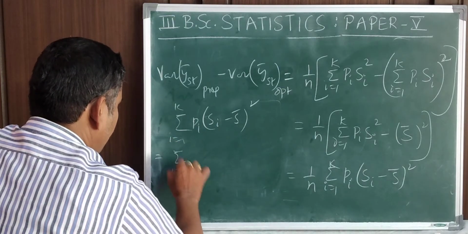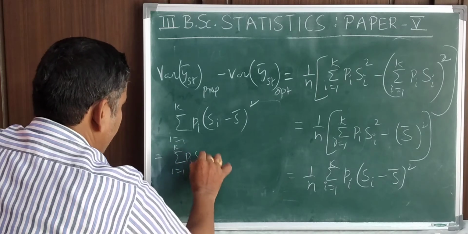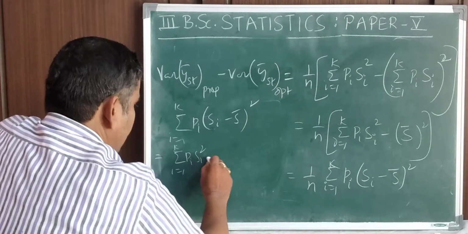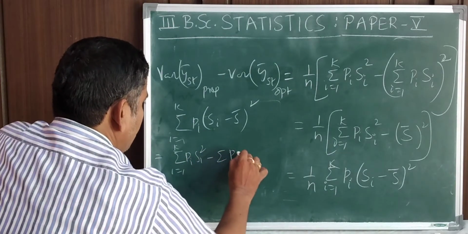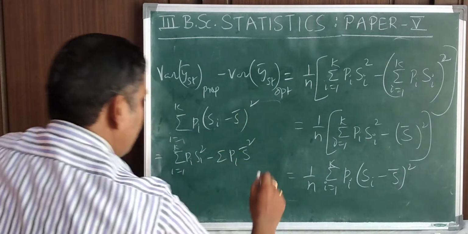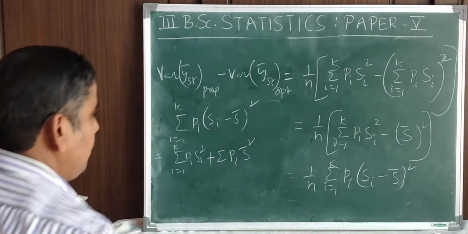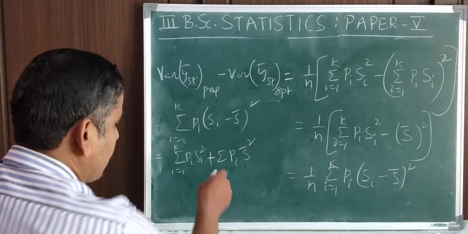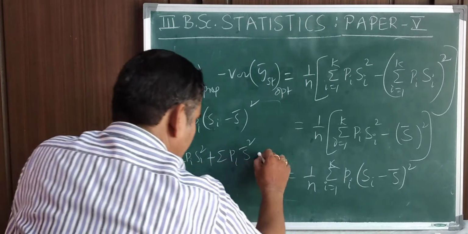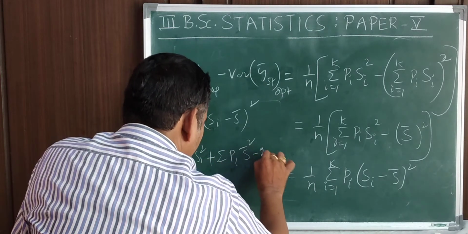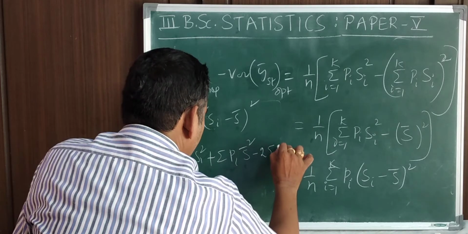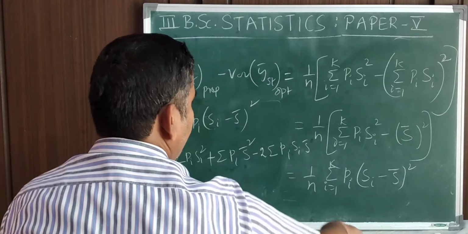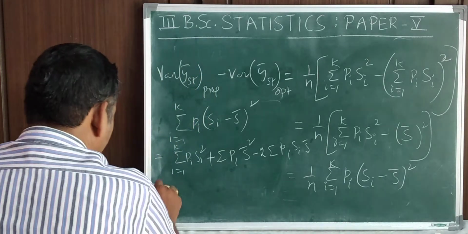Summation i equal to 1 to k pi into si square, the first term, plus summation pi into s bar square, the square term, plus minus 2 into summation pi into si into s bar, where si into s bar is the cross term.